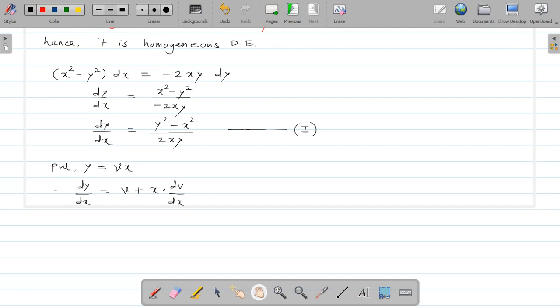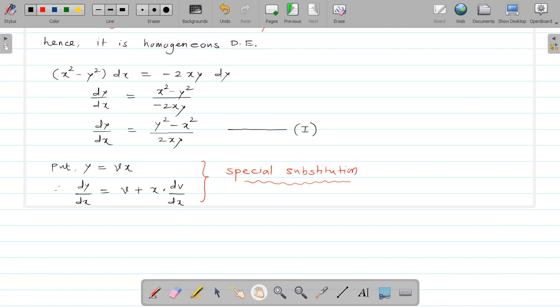So this is the special substitution, remember, that you have to do here to get the solution of the homogeneous differential equation. You have to always follow this: put y is equal to vx and then dy by dx is equal to v plus x into dv by dx.